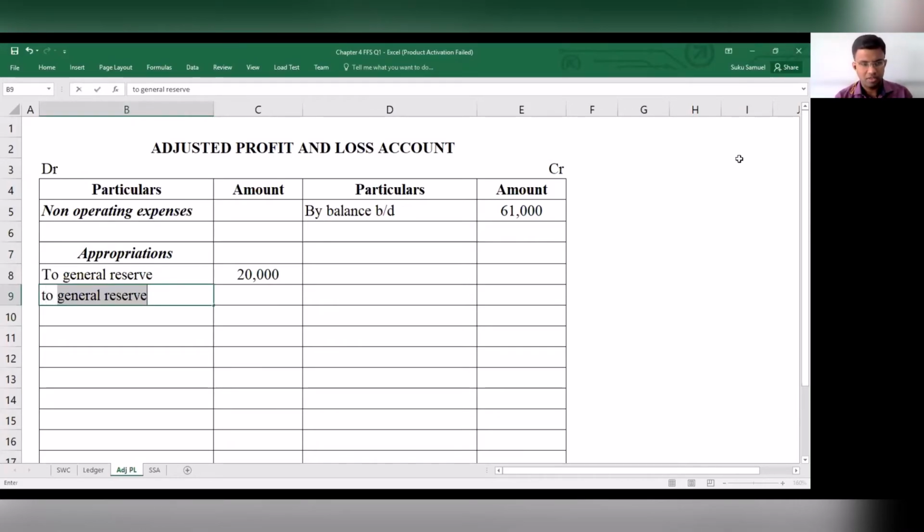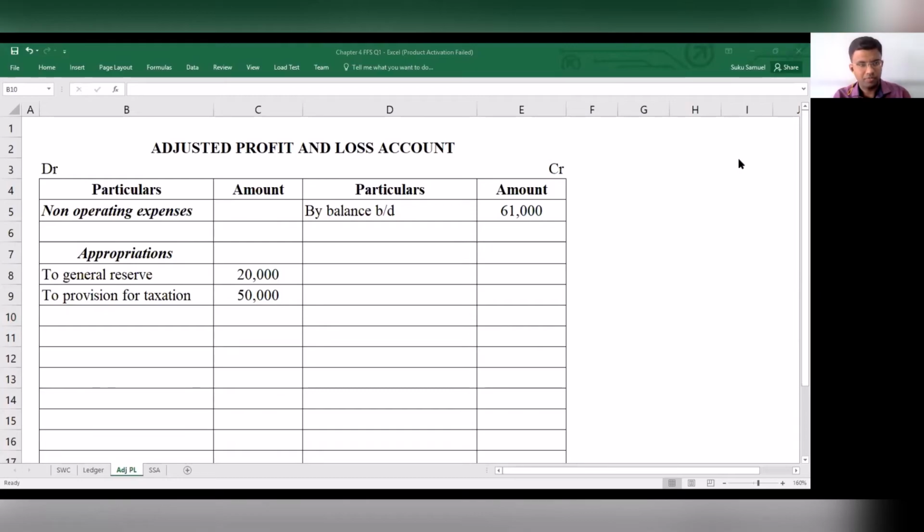Next, we have to provision for taxation, and the change is by 50,000. That has also been considered. So we have considered these 2 appropriations.